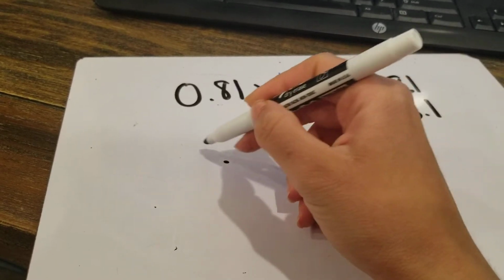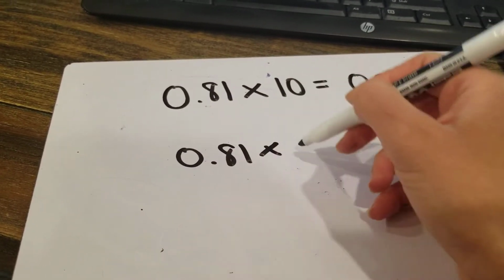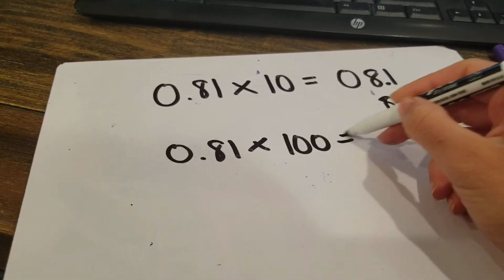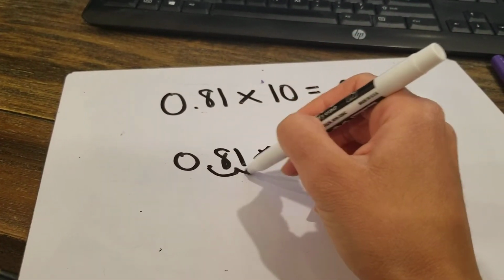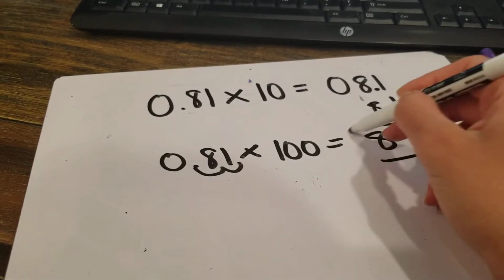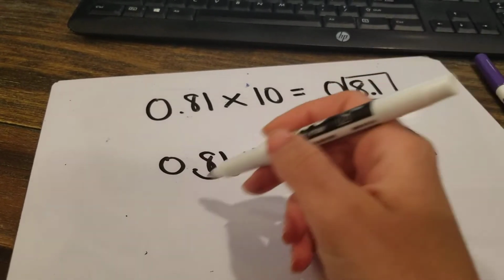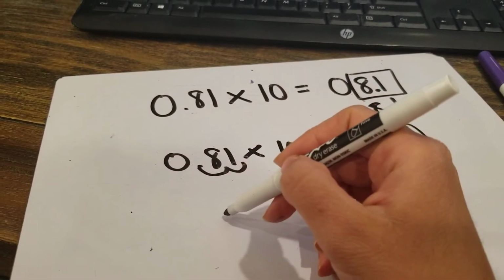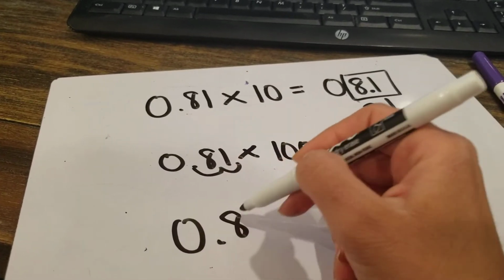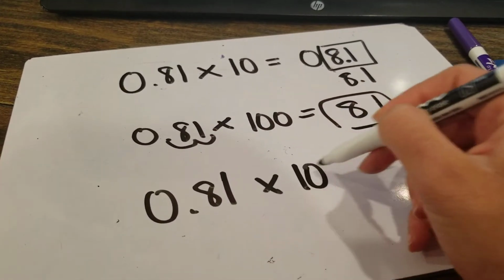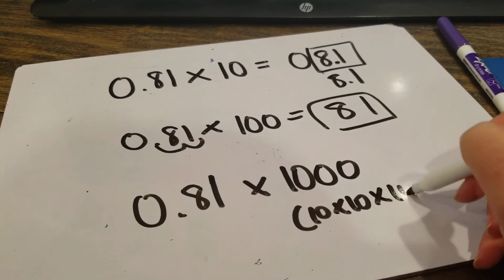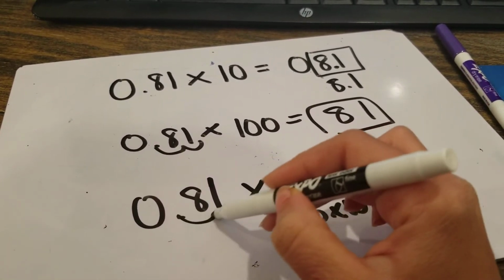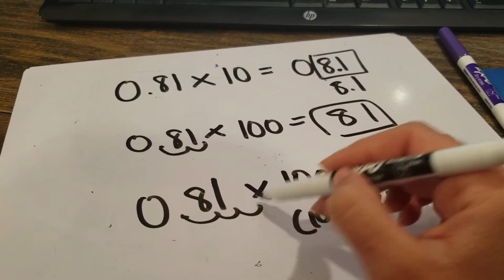If I have 0.81 times 100, my new answer would be, right, 1 times 10 times 10 would be 81. This is 8.1. If I have 0.81 times 1,000, which is 10 times 10 times 10, it would mean my number would get 10 times bigger, 10 times bigger, 10 times bigger.